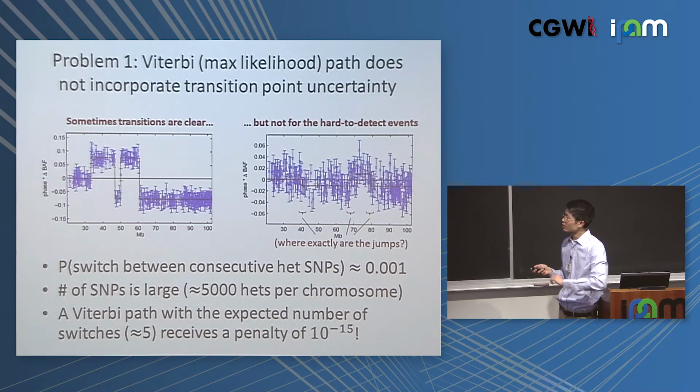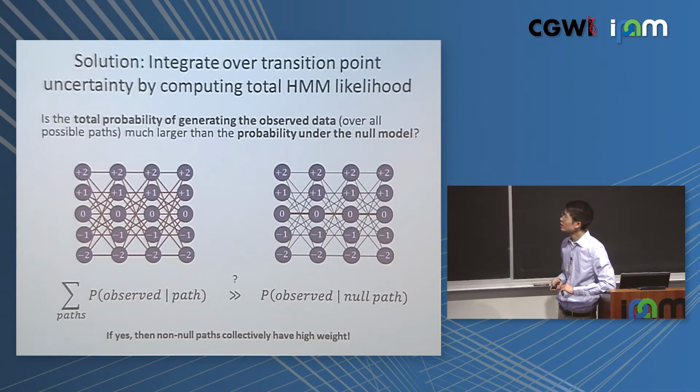To get around this, we need to think about how to integrate probabilities across more than one path. A lesser known thing that you can do with hidden Markov models, beyond just trying to find the maximum likelihood path, is to integrate over the whole set of paths to compute the total likelihood across all paths through your hidden Markov model.